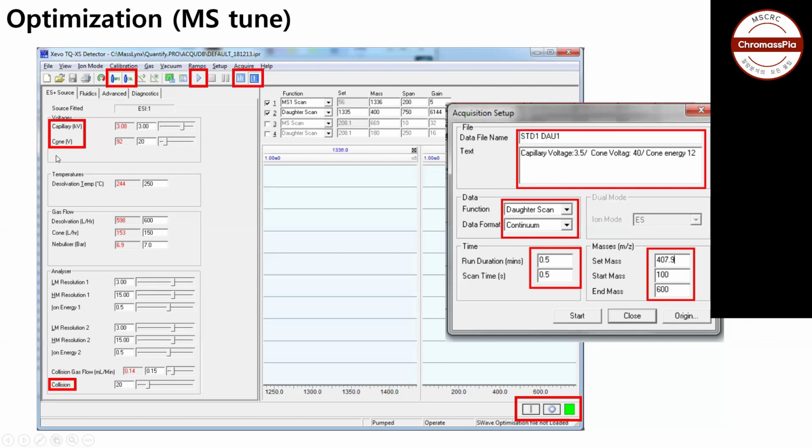As we change these values, we can get the data with this button. And we can select the daughter scan or precursor scan in here. And for these masses, we can set the mass range and the mass that we want to see.